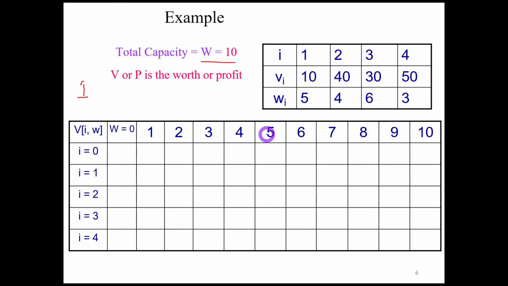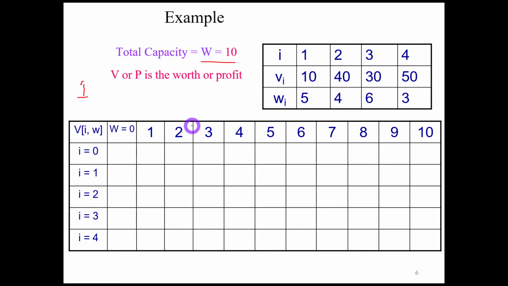So this is the first point, that in each column the allowed capacity is the one that is written over here, not the total capacity, right? So it makes sense. This is a dynamic programming approach, and in that we divide the problem into subproblems. So you can think of these as subproblems where the allowed capacity in this column is 3, not 10. So this is the first point that you should grasp.